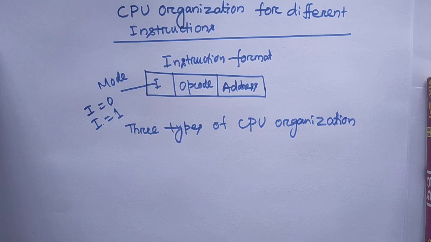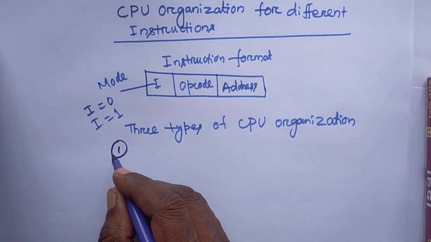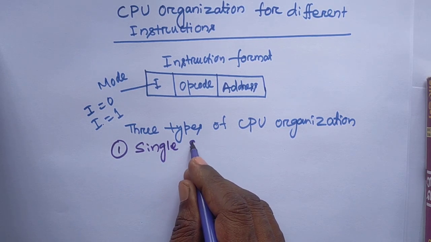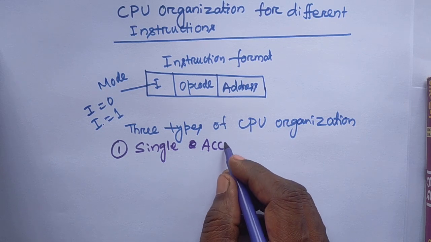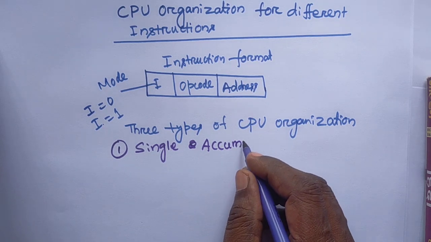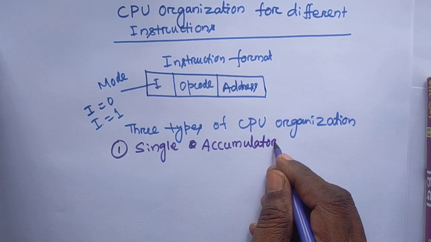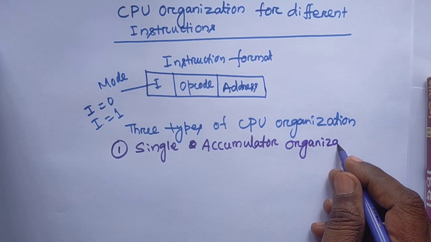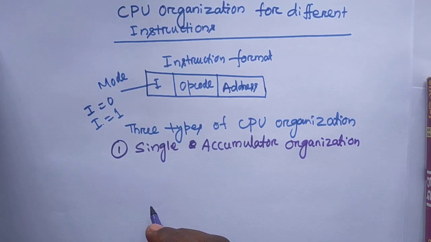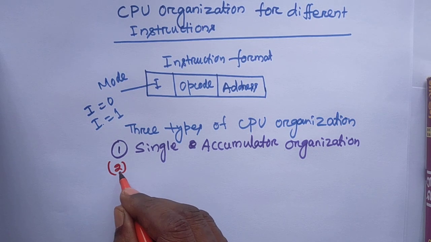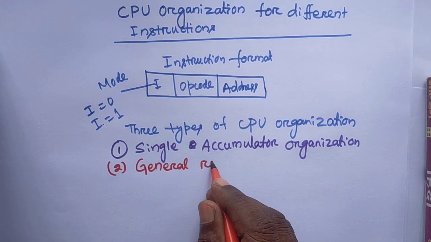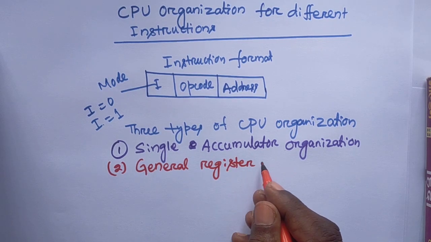The first one is single accumulator organization, which is the first type of CPU organization. The second one is general register organization.